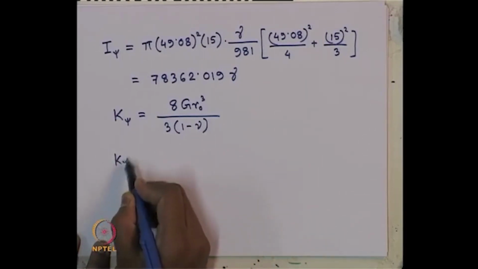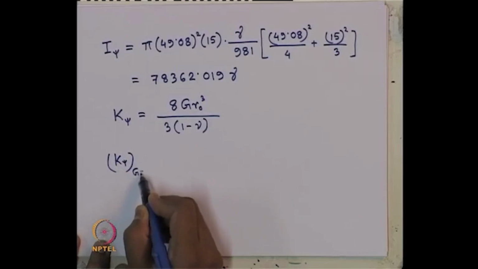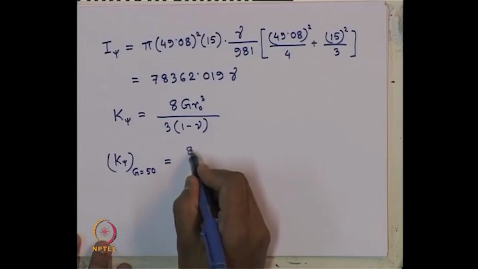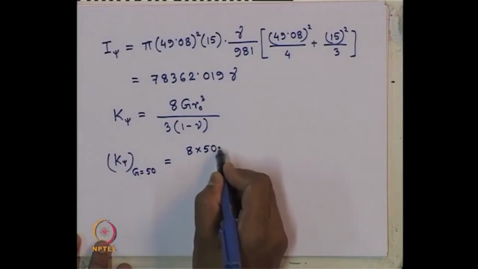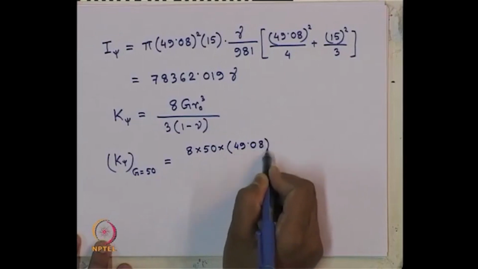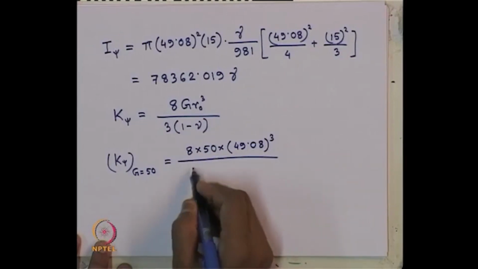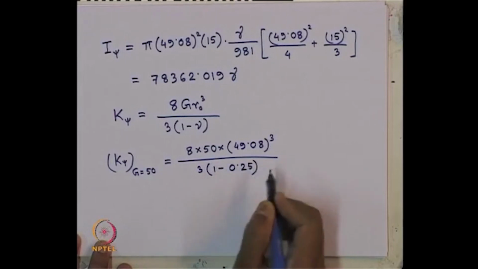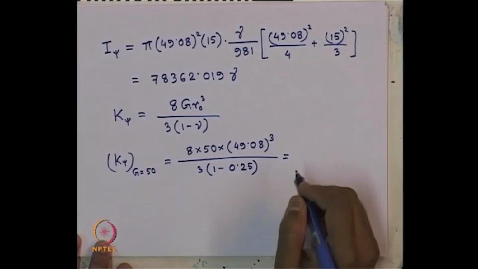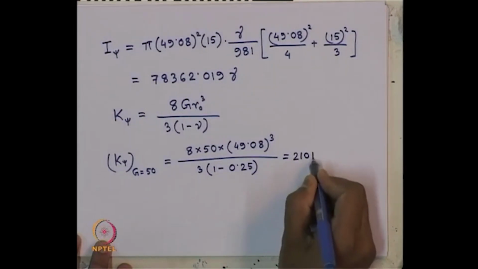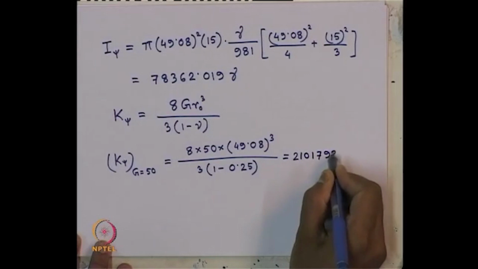So, for the first type of soil with G equals to 50 kg per centimeter square, this will be 8 into 50 into r naught, 49.08, whole cube, by 3 into (1 minus 0.25). So, how much are we getting? 21017988.